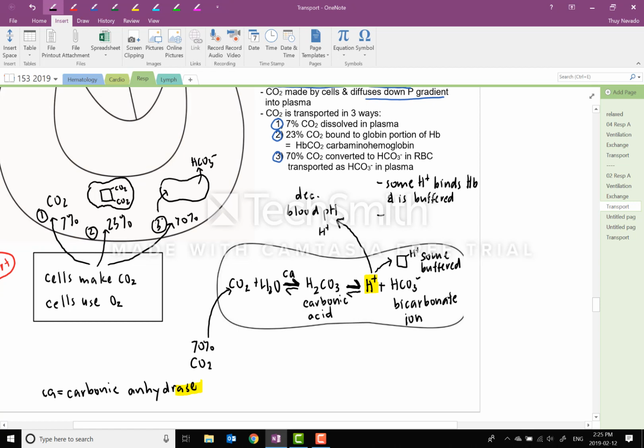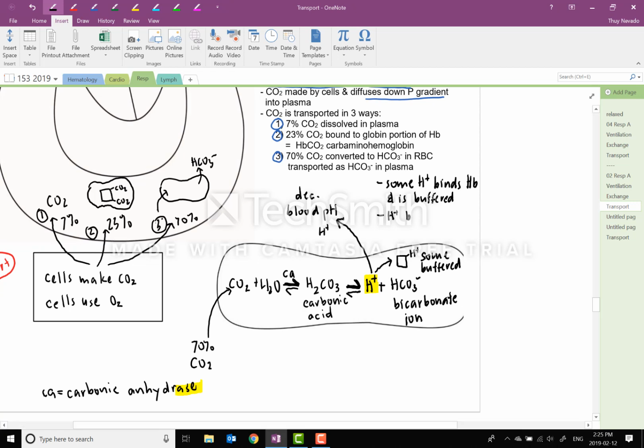But not only is the fact that some of that hydrogen binds hemoglobin and is buffered, and so is kept from changing pH, but that's really handy because remember, hydrogen binding to hemoglobin is one of those signals to hemoglobin to drop off oxygen.